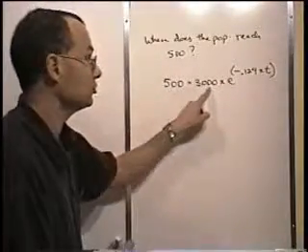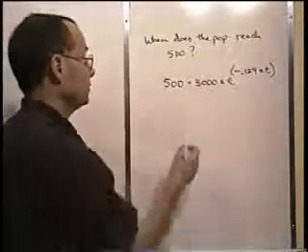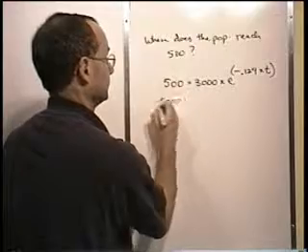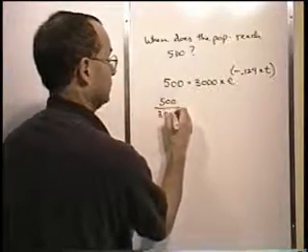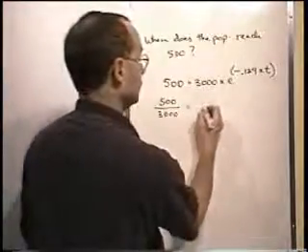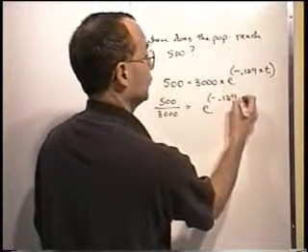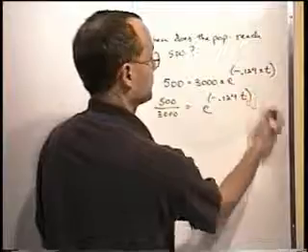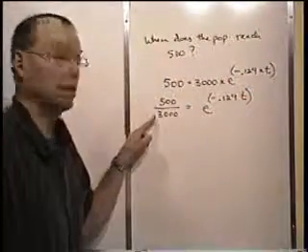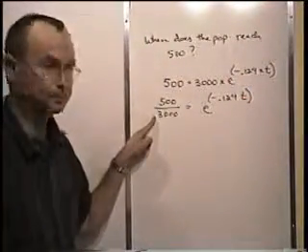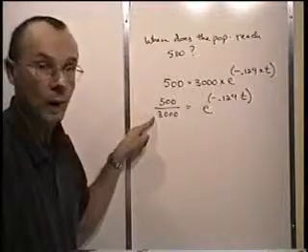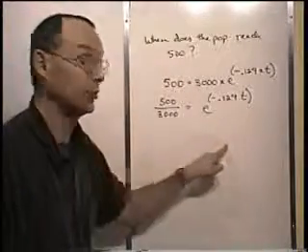To solve this, I'm going to start off by dividing both sides by 3,000. So 500 divided by 3,000 equals e to the negative 0.124 times t. This, of course, I would put into lowest terms, but I'm also going to take logs of both sides.